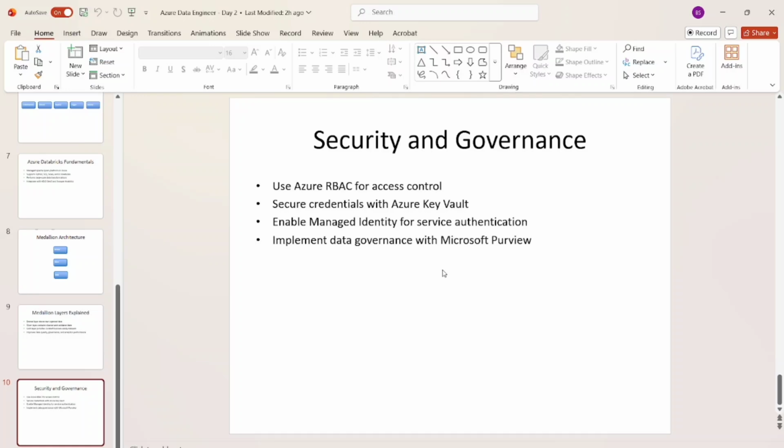Azure role-based access control controls who can access Azure resources.